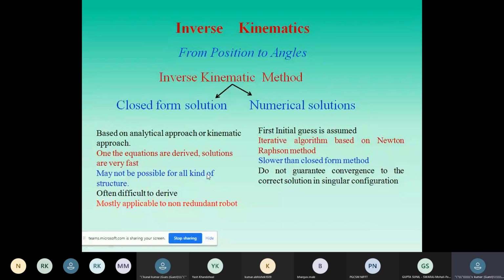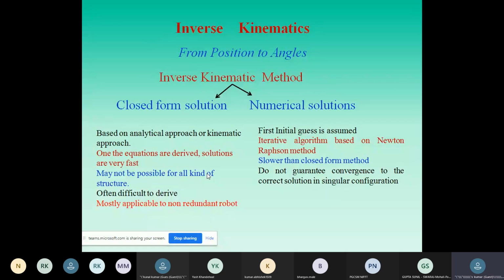Suppose a redundant manipulator, which for 3D space has more than 6 degrees of freedom. This method is very difficult to derive there, and it is mostly used for non-redundant manipulators, whose degrees of freedom for 3D space are 6 or less than 6.